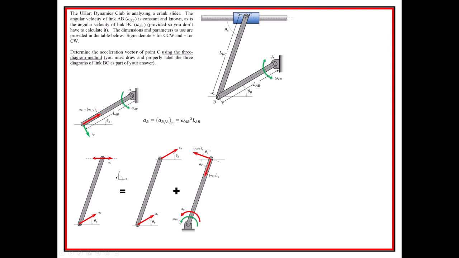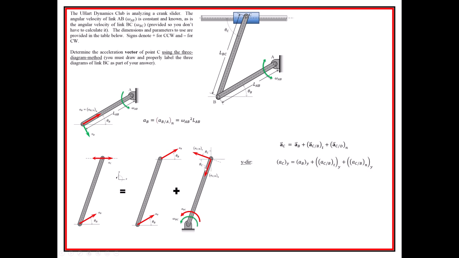We were given the angular velocity here, so we can get this normal acceleration right here. If we write out the equation for this top point, the acceleration of C is equal to the acceleration of B plus the tangential acceleration plus the relative normal acceleration.